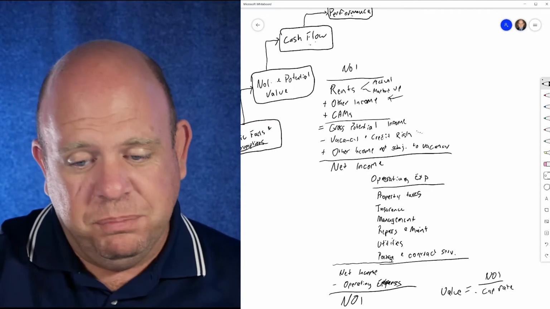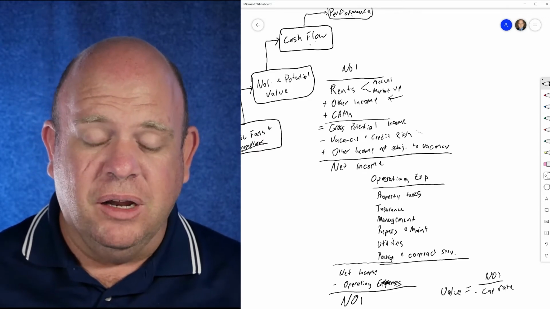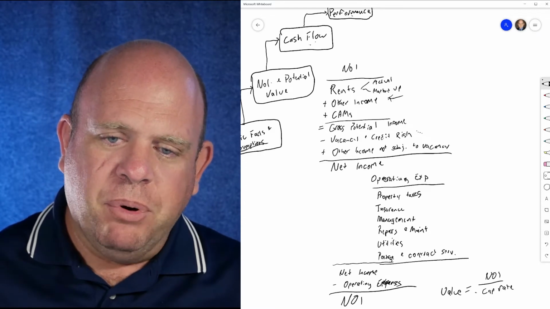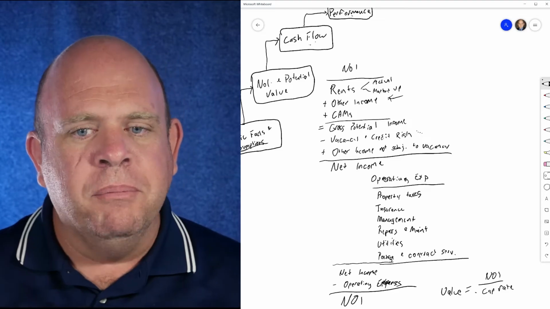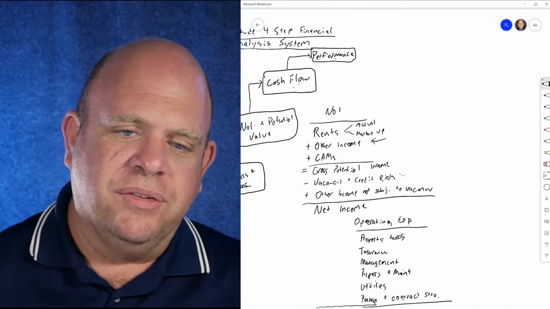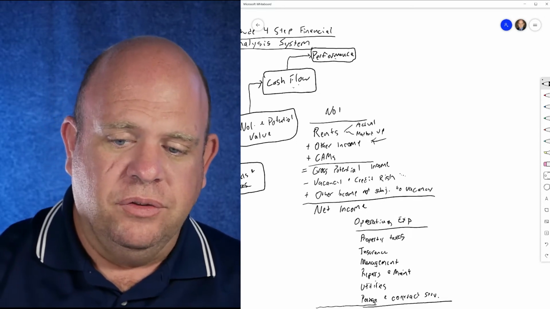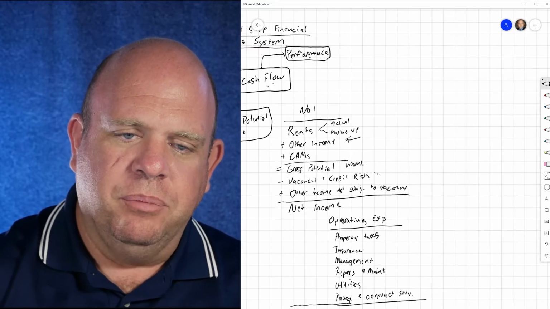That's how I can spit it all out very, very quickly without notes, because I have just done it so many times on paper that now it's not only part of my DNA, but I see how each little cog moves. I call them levers, and that's a more advanced step on how we work with levers within this system. So that's how you calculate NOI and potential value.